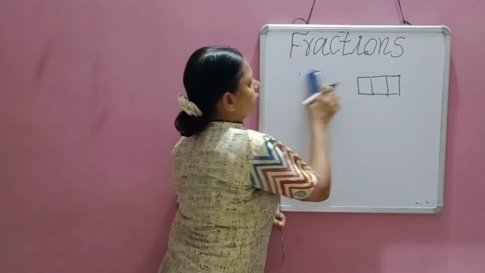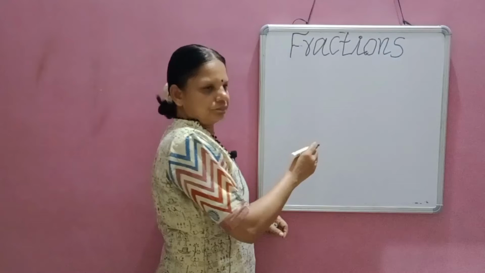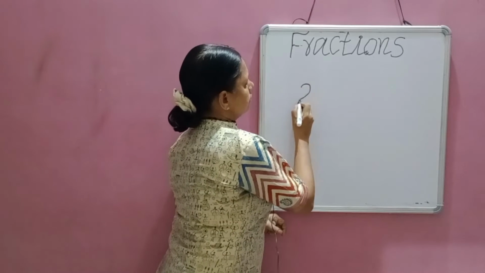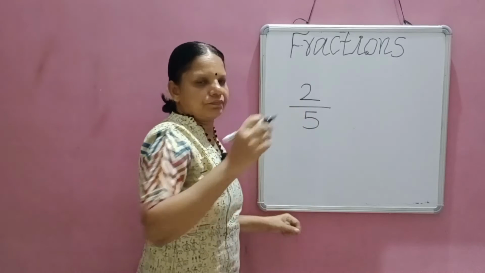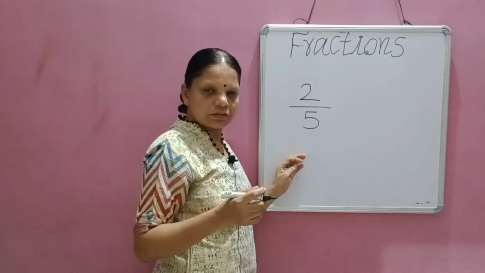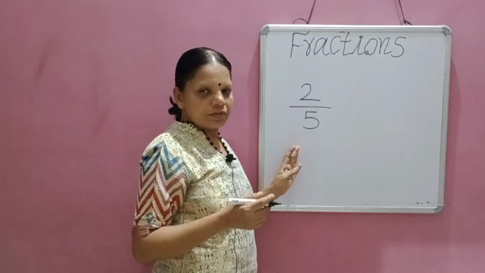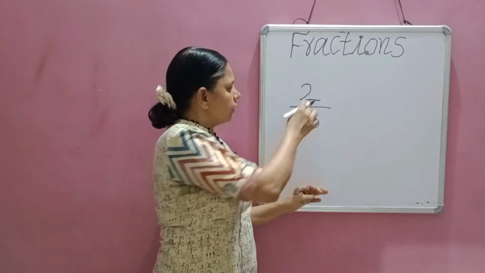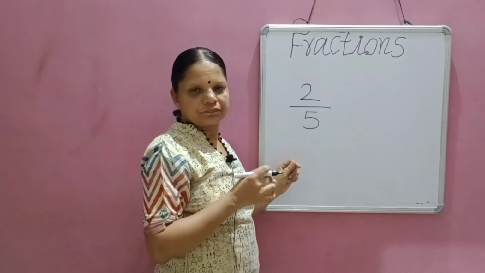Now consider this example. 2 upon 5. It is also a fraction. Clear? 2 upon 5, what does it mean? What is 2 divided by 5?